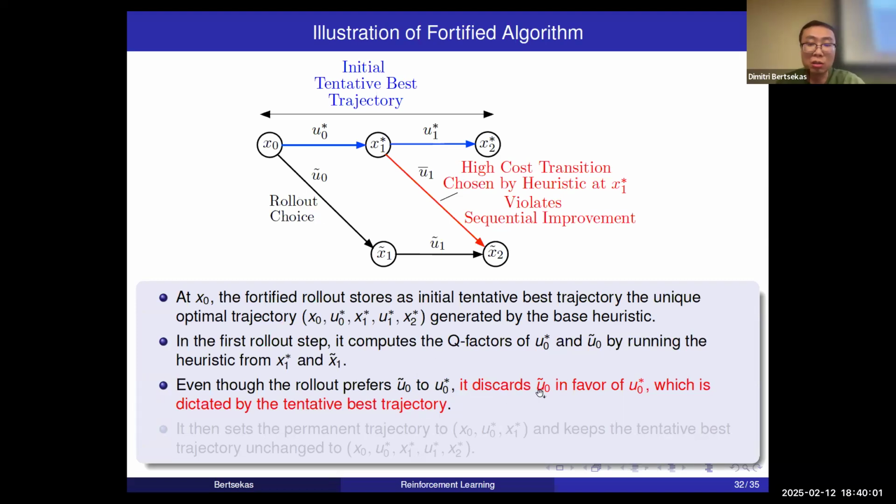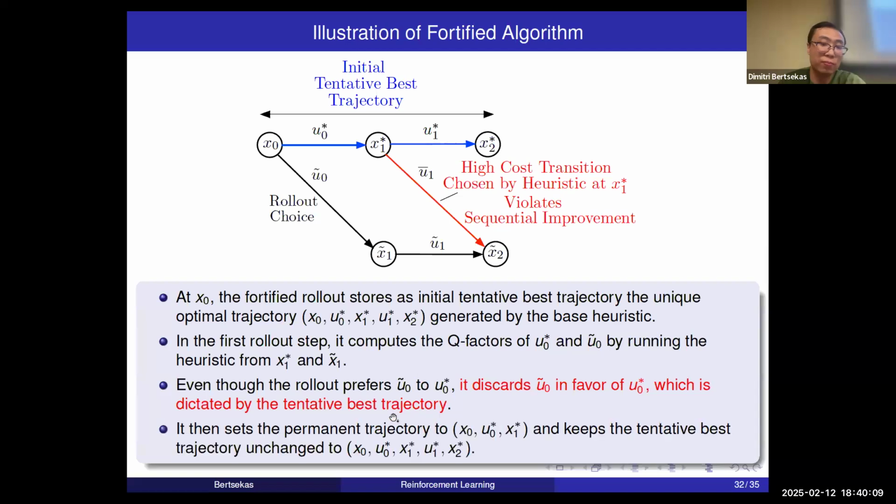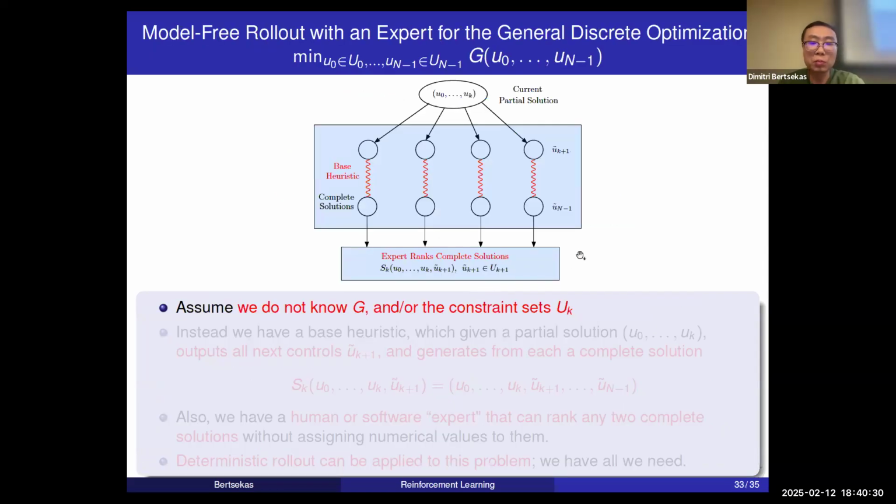Therefore, it discards U0 tilde suggested by rollout in favor of U0 star, which is dictated by the tentative best trajectory. It then sets the permanent trajectory to be x0, U0 star, x1 star, and keeps the tentative best trajectory unchanged for the later portion. So this is how fortified rollout can be applied to restore the cost improvement property.